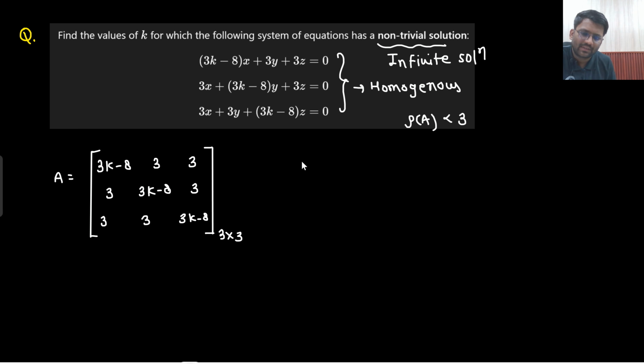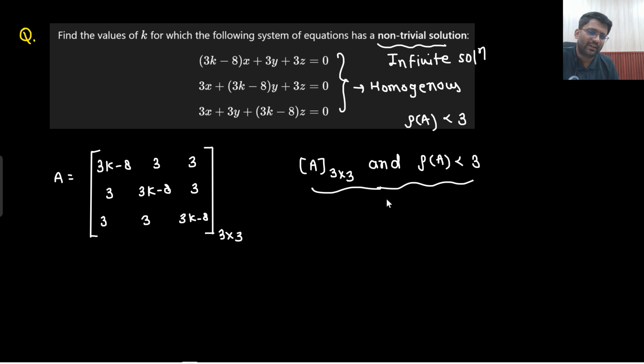It is a 3 cross 3 matrix and you are saying that the rank of A should be less than 3. What does this represent? I am not telling now, you should know on your own. The determinant should be 0. There you go. So put this determinant equal to 0 and you will get the answer.